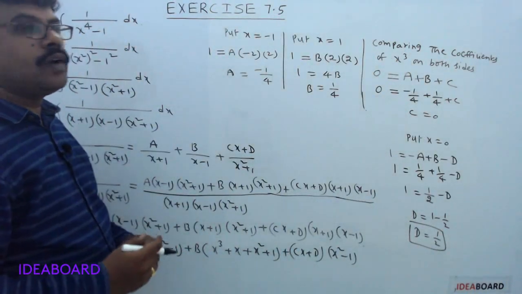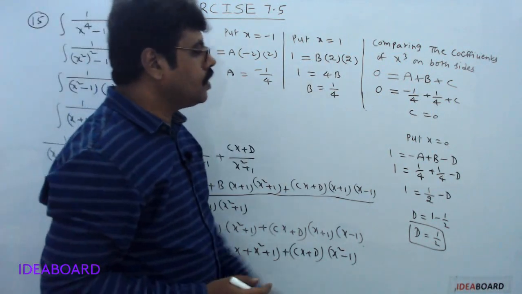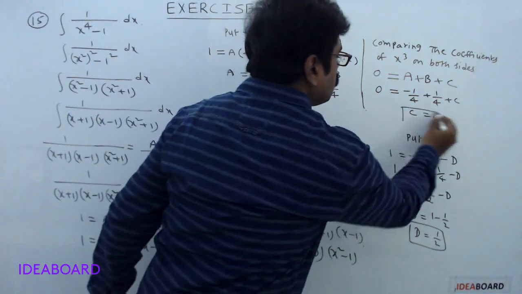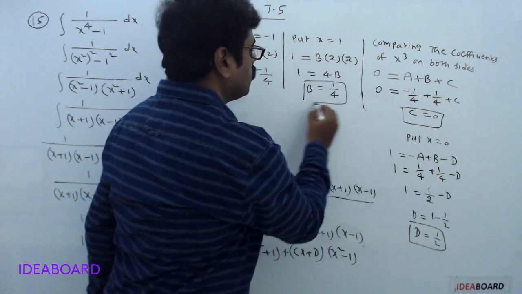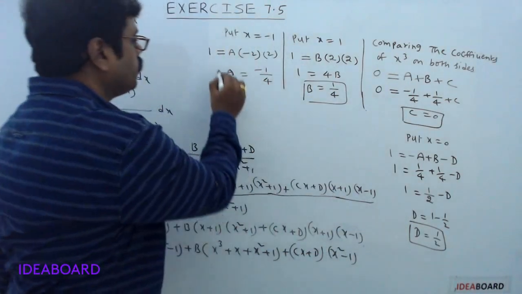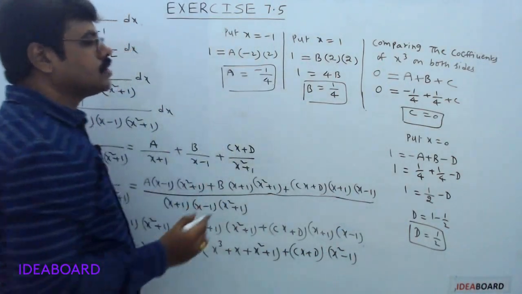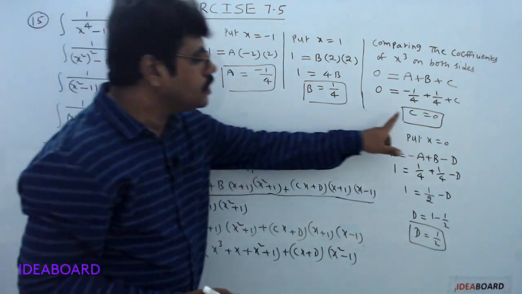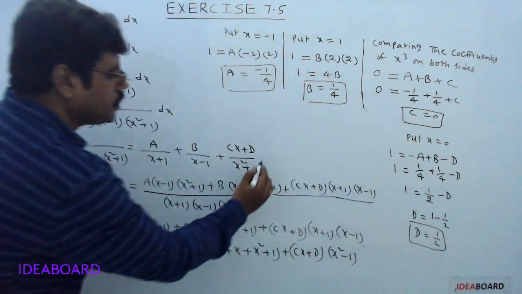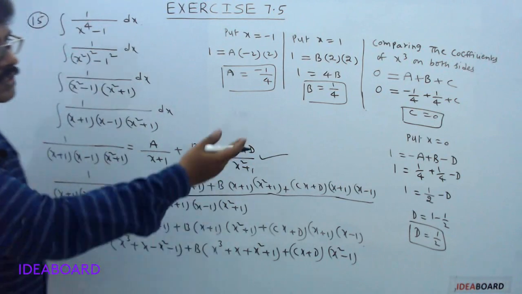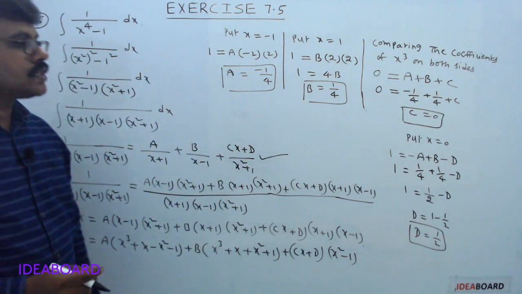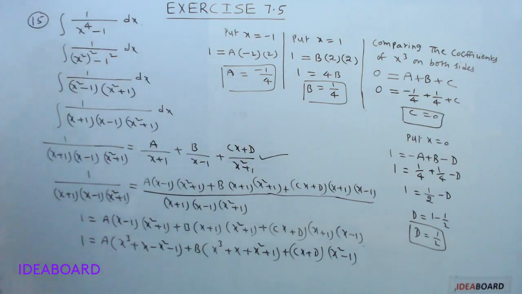A value minus 1 by 4, B value 1 by 4, C value 0, then D value 1 by 2. Now substitute the values of A, B, C and D in this equation. First write down those steps, then we will discuss the continuation.